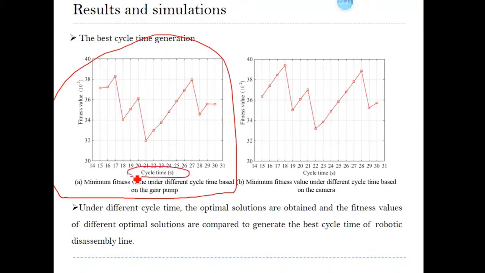From here we can find that when the cycle time is 21 seconds, we have the smallest fitness value. And for the camera, when the cycle time is 22 seconds, we get the smallest fitness value. So for the gear pump, the best cycle time is 21, and for the camera, the best cycle time is 22.